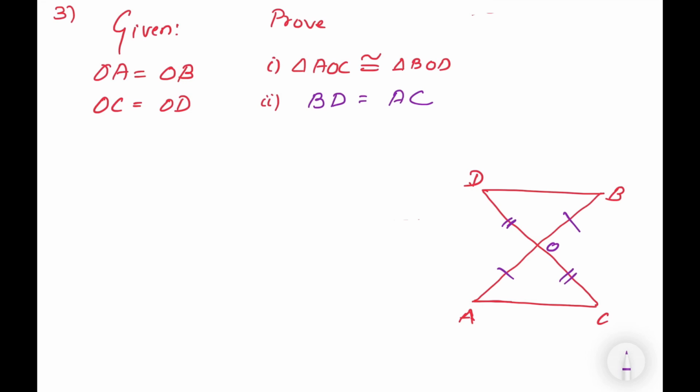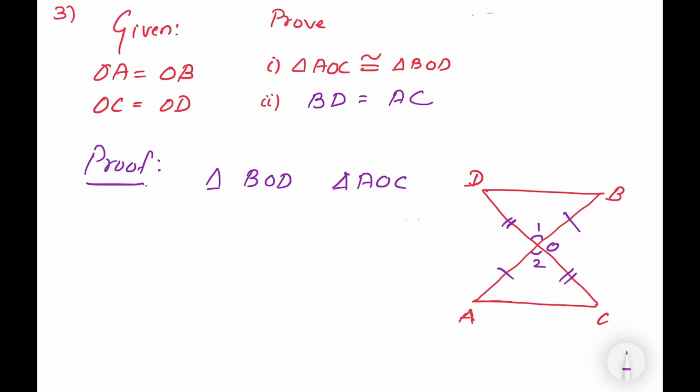So again you have two sides we know. So this is a very easy question. You have these angles equal, vertically opposite angles. So the angle is in between the two sides, the included angle between the two sides. So SAS criteria is what you are going to use. So consider triangle BOD and triangle AOC.